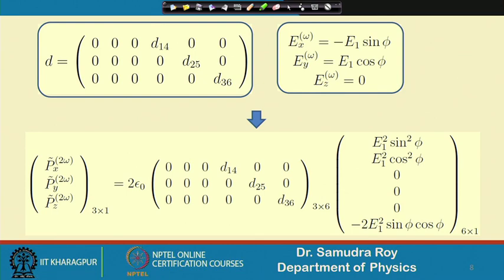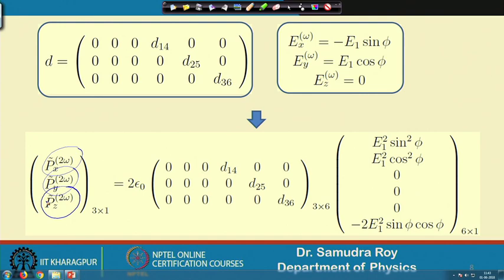Now we have the D matrix in our hand, and we have the E components. With these two, we can readily write the D matrix and the E components in vector form, so that I can figure out p x, p y, p z, the nonlinear polarization components at 2 omega frequency.